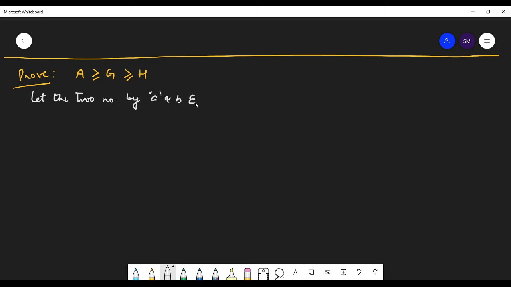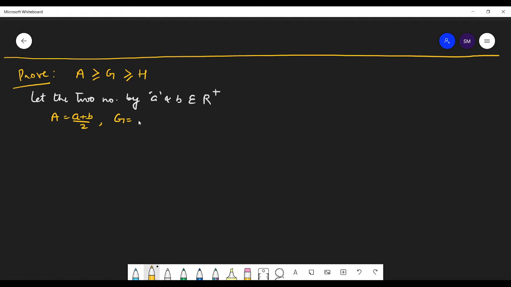and students, A and B belong to the set of positive real numbers. Always remember this thing. What are A and B? Positive real numbers. What will be the arithmetic mean of A and B, students? A plus B by 2. Very good. What is the geometric mean of A and B?